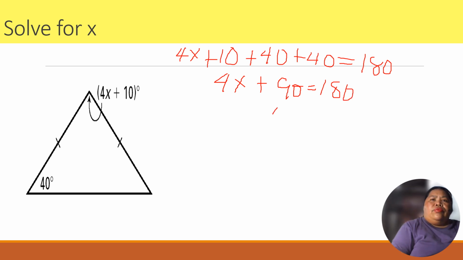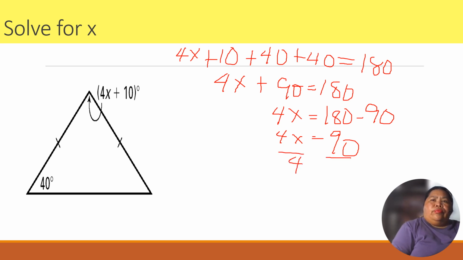So 4x equals 180 minus 90. 90 plus 90 is 180, so of course the answer is 90. Divided by 4, x equals 90 divided by 4.